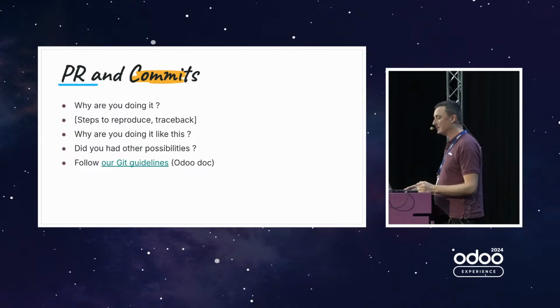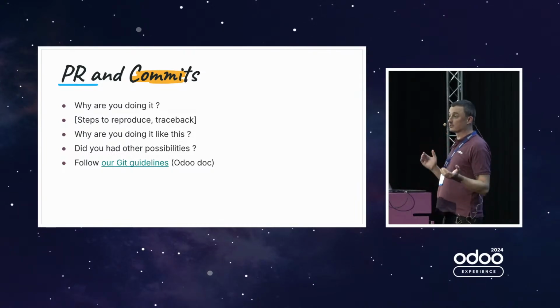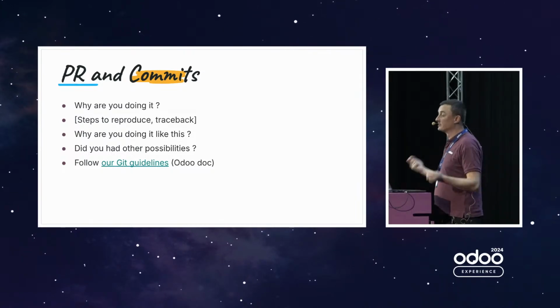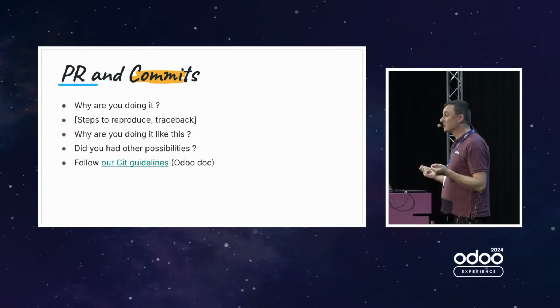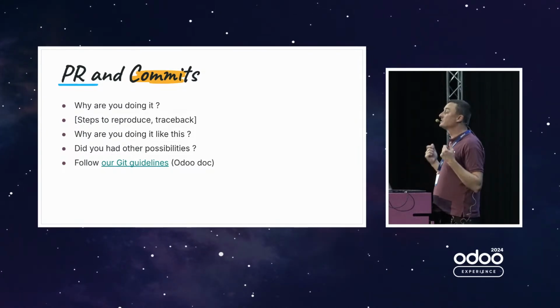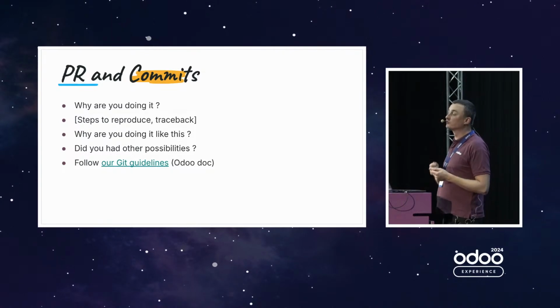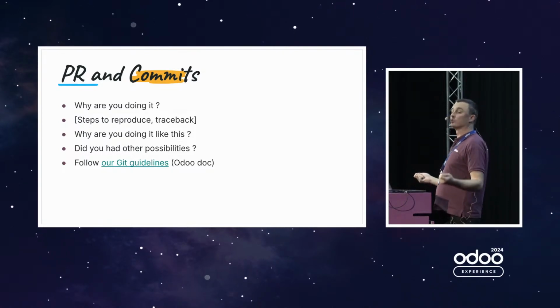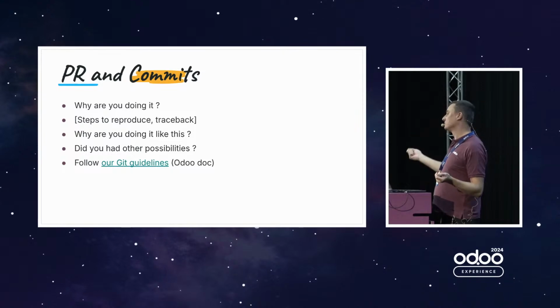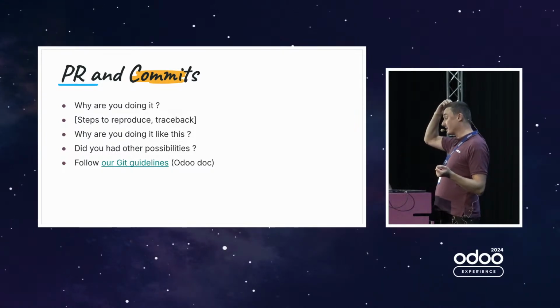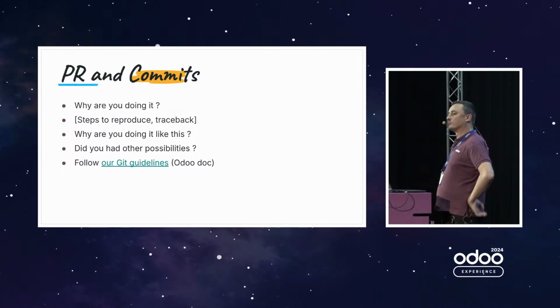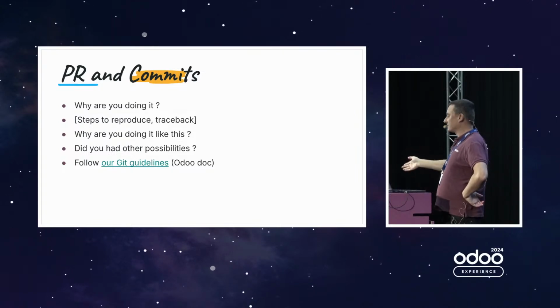Sometimes there are several ways of fixing something, and you will have to make a choice. And it's important to explain why you fix it that way and not the other way. Because a few years later, somebody can have a look at your code and say, oh, it's not covering that case.